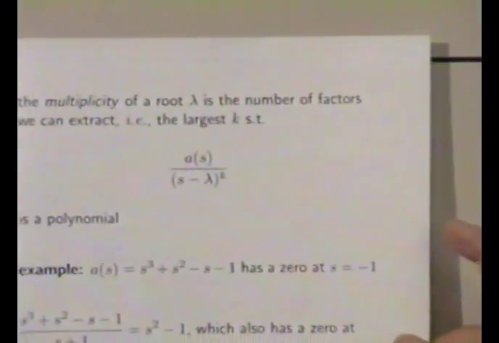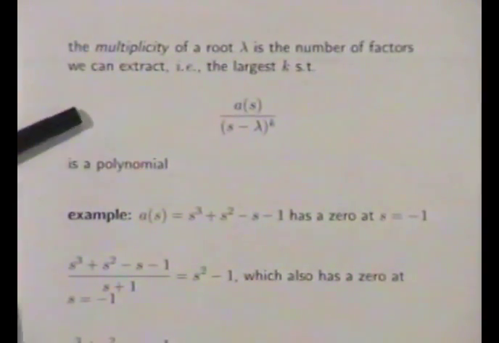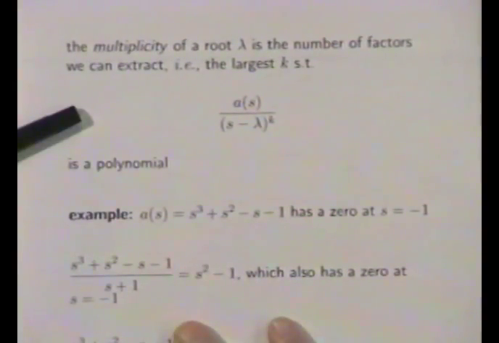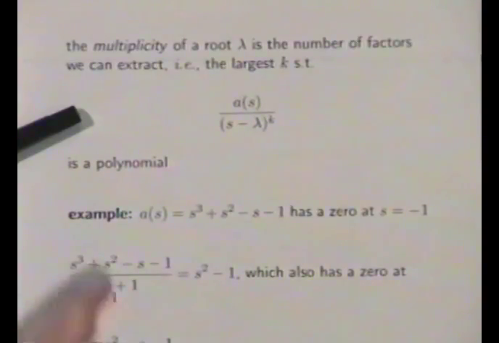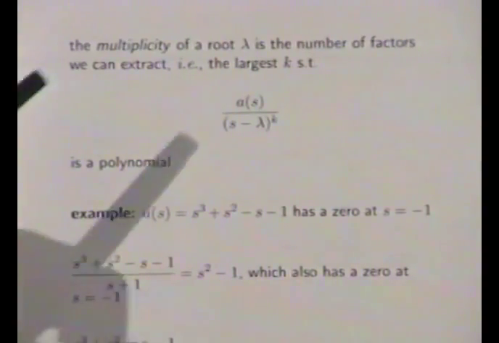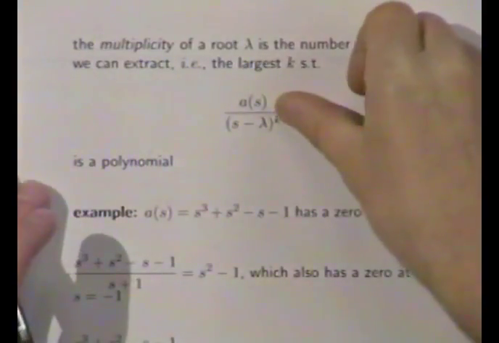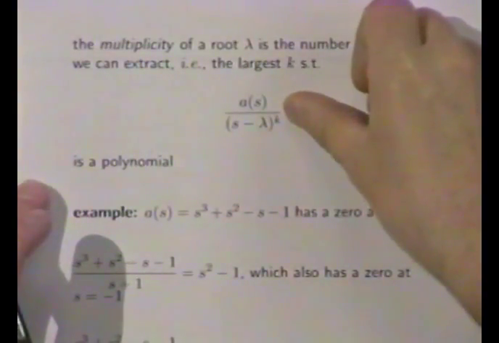And this allows us to define the multiplicity. I'm going fast here because this is, I guess, review. The multiplicity of the root is the number of times you can extract that linear factor from the polynomial. So if I take A of s and I divide by s minus lambda, that's a polynomial. Then I check squared, cubed, and so on.